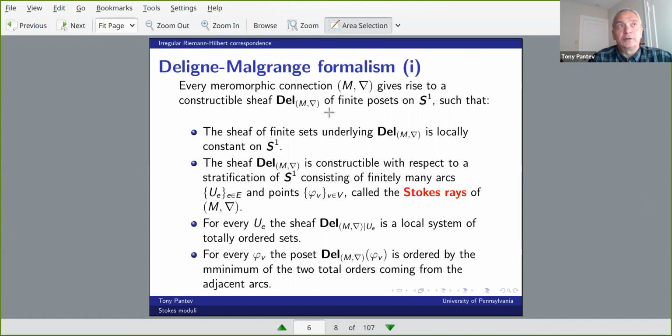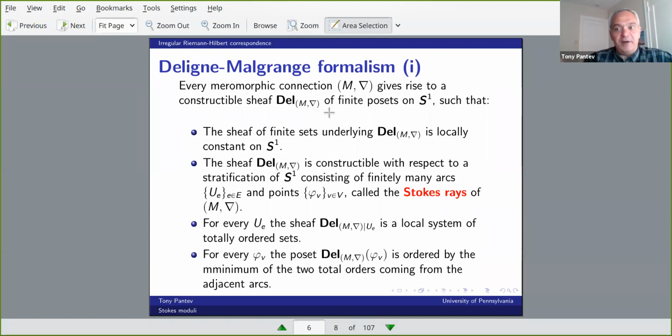There are finitely many eigenvalues corresponding to maybe groups of Jordan blocks, which are ordered by growth in the sector. And so this is the set that this Deligne sub nabla parameterizes. So it's just a finite set, and it's ordered.